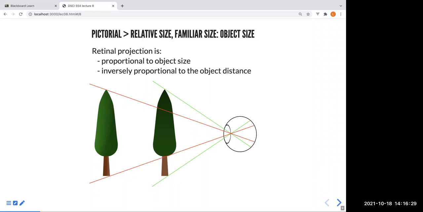So the farther the object is, the smaller the projection; the closer it is, the bigger the projection. The brain uses both clues, the knowledge about the object and the size of the projection on the retina, to try to understand the distance.